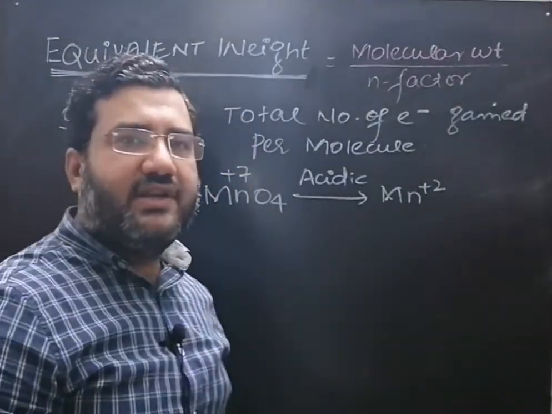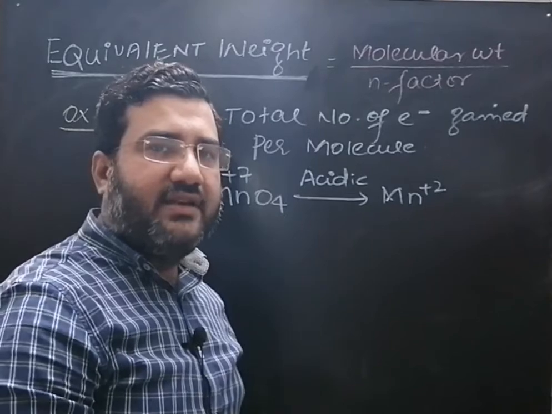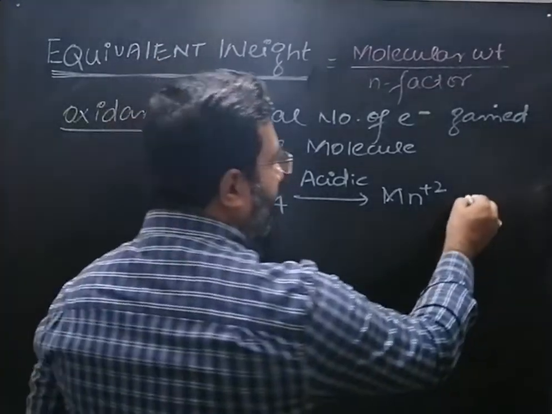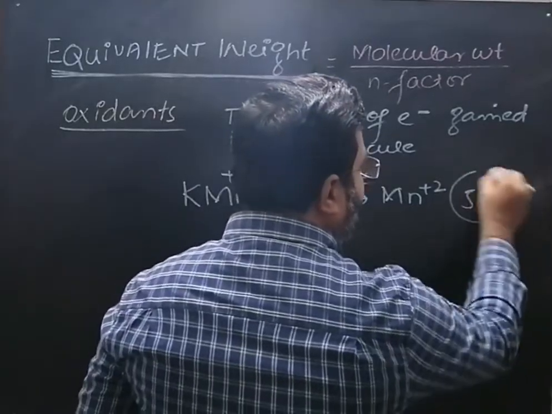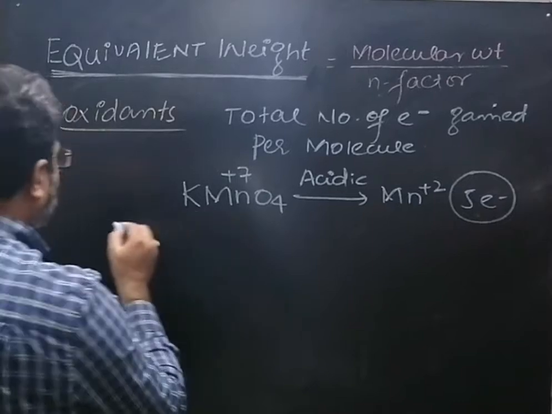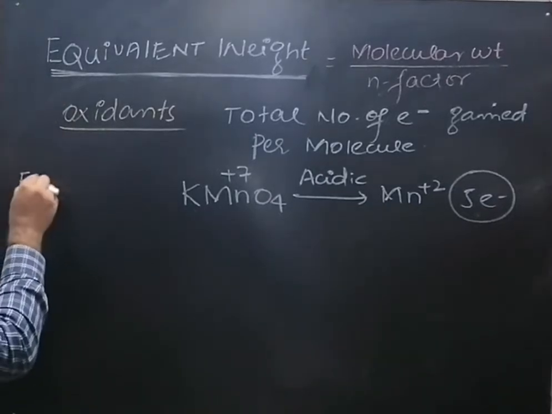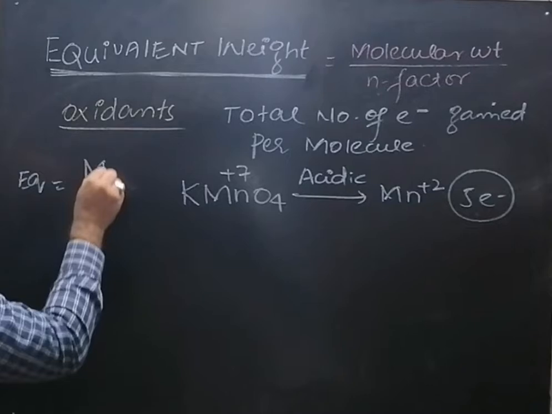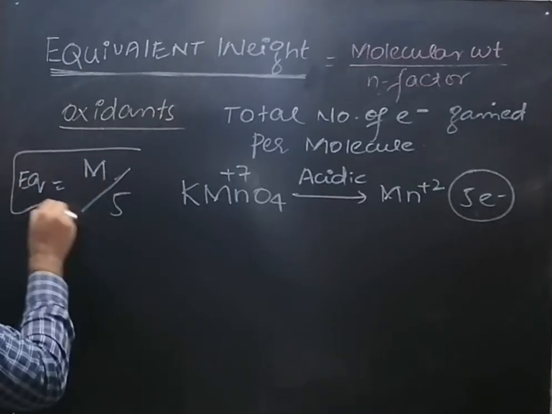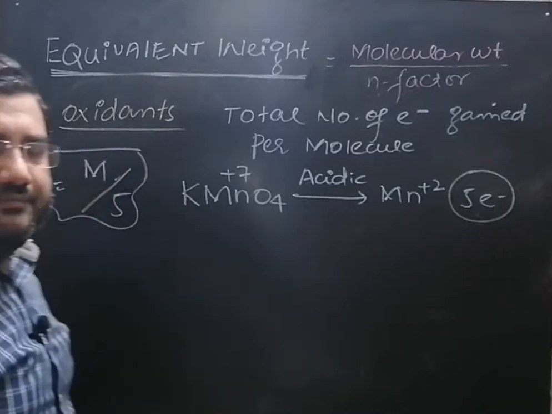How many electrons has it gained? From plus 7 to plus 2, the difference is 5, so it has gained 5 electrons, and this 5 will be equal to its N factor. So what will be its equivalent weight? Its equivalent weight will be its molar mass or molecular weight divided by 5. That will be in the acidic medium.